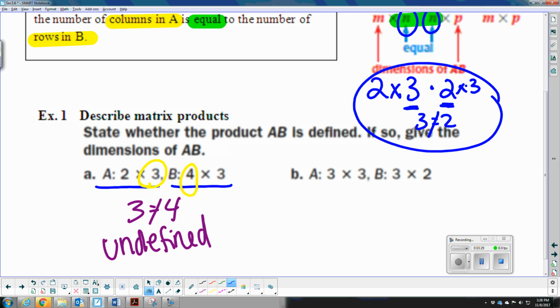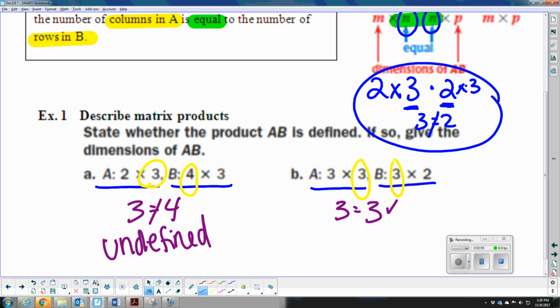In the second one, B, we have matrix A, 3 by 3, and matrix B, 3 by 2. We're looking for the columns in the first and the rows in the second. Can we do this? 3 is equal to 3. So this product is defined, and if it's defined, we're asked to give the dimensions.